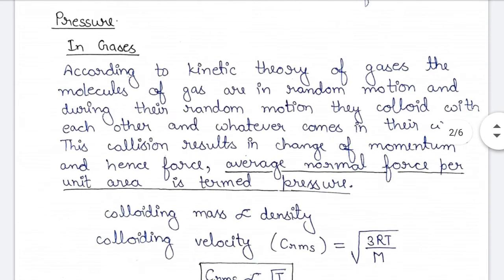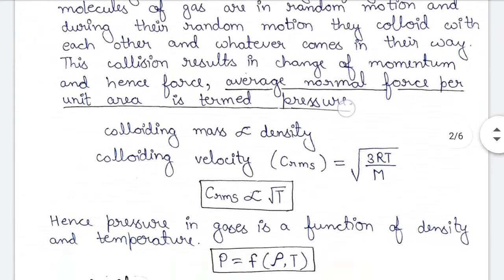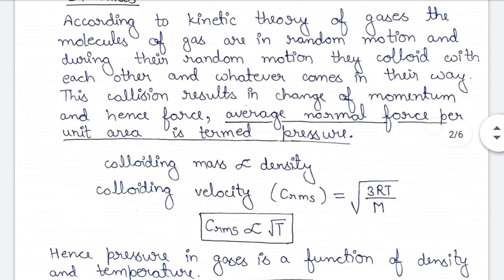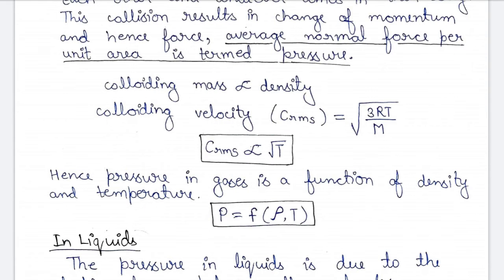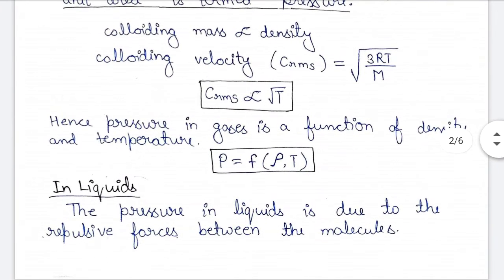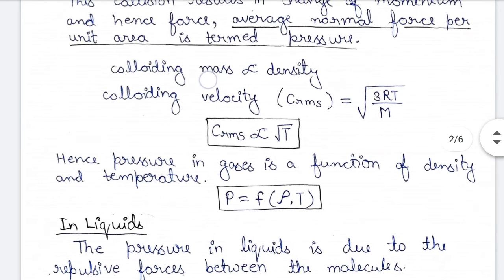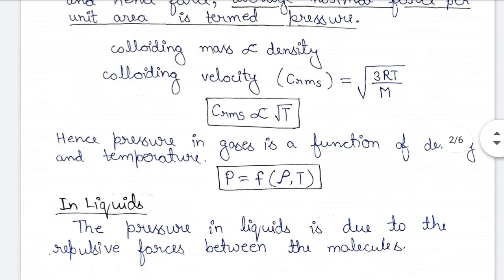Now let us see what is pressure. First of all, we will see how pressure is generated in gases. In gases, the pressure is the average normal force per unit area. So we will see that in gases, the colliding mass of the particles is directly proportional to the density of the gas. The colliding velocity of the particles is equal to the square root of 3RT by m.